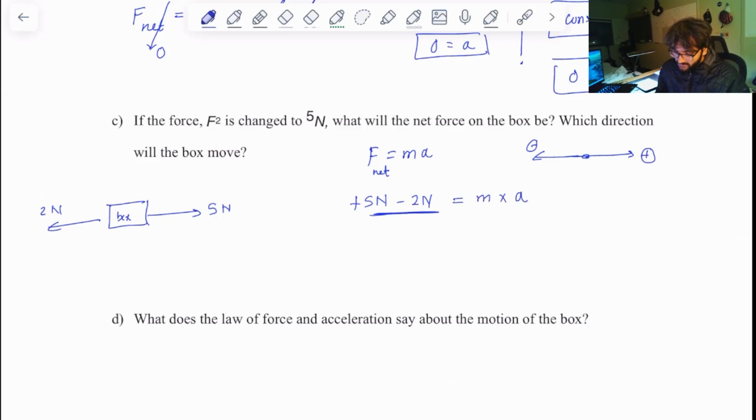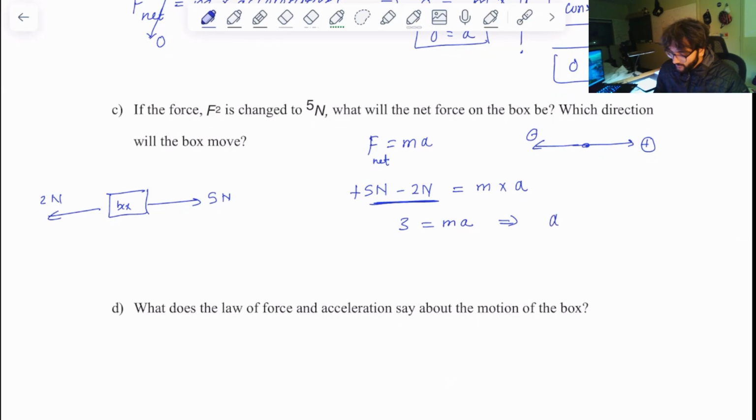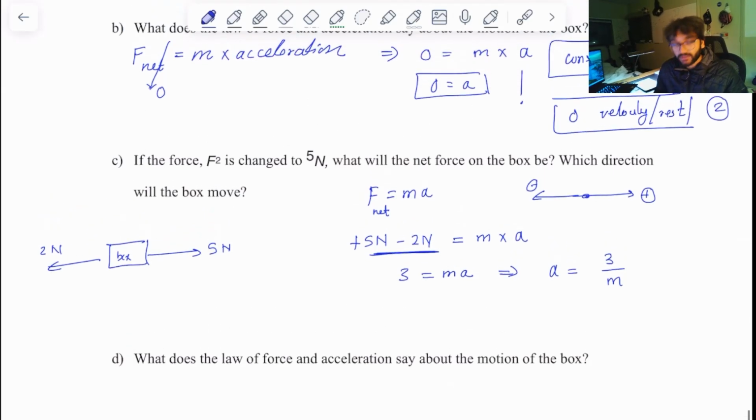This gives you 3 equals mass times acceleration, and if you divide both sides by m, acceleration is 3 over m, and this is positive. Okay, this is positive acceleration. That means it is moving to the right, wherever the larger force is. So that's the direction of the box.